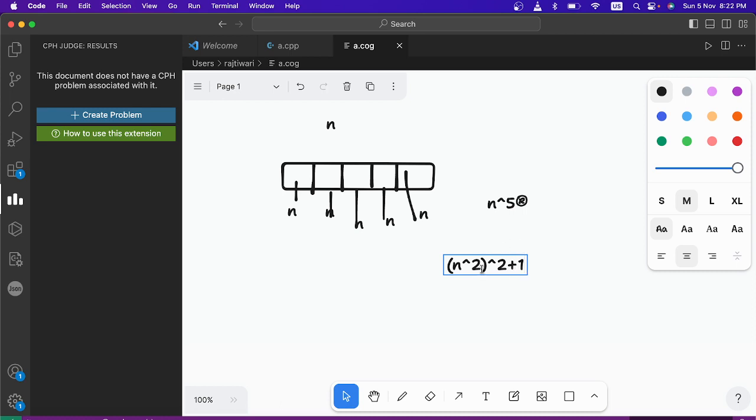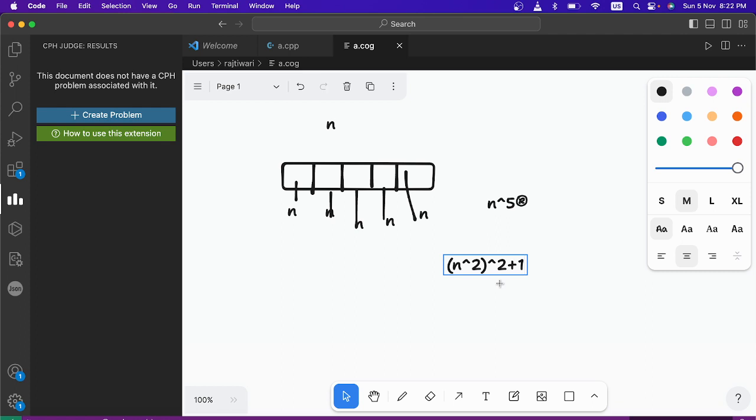Will it make it faster if you know this value? Yes, it will actually. So this is the basic concept of binary exponentiation.